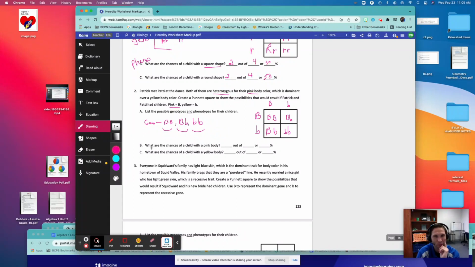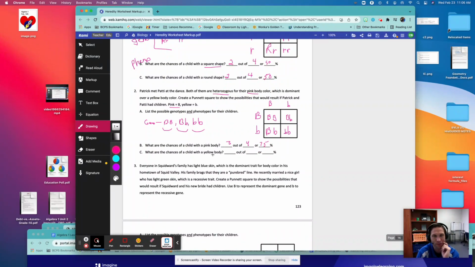Okay. What are the chances of the child with a pink body? Well, pink is dominant. It says pink is dominant. So this one would have a pink body. This one would have a pink body. This would be 3 out of 4. 3 out of 4 is 75%.